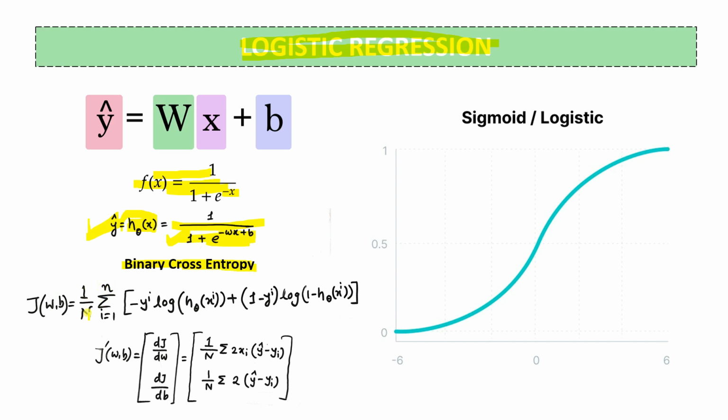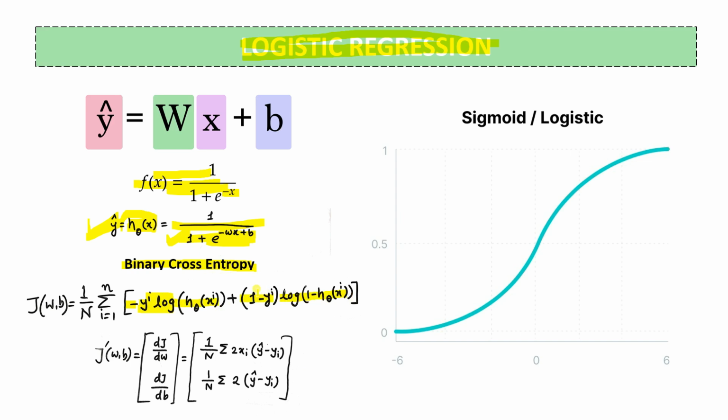You can see here 1 by n and summation of i equals 1, minus y log. We're using the log here, so it's also called the log loss. This binary cross entropy is also called the log loss because it uses the log in the formula. Then you have h theta x, plus 1 minus y log of 1 minus h theta of x.